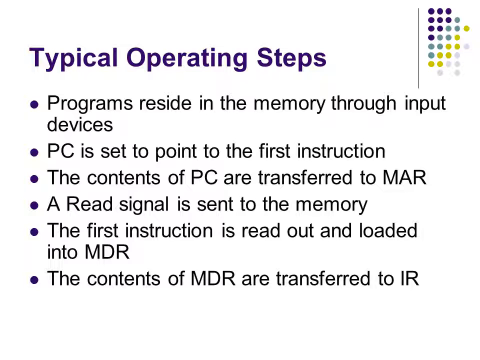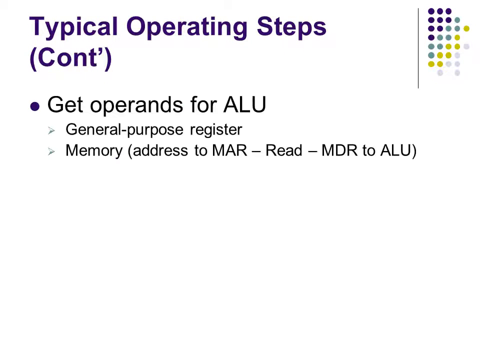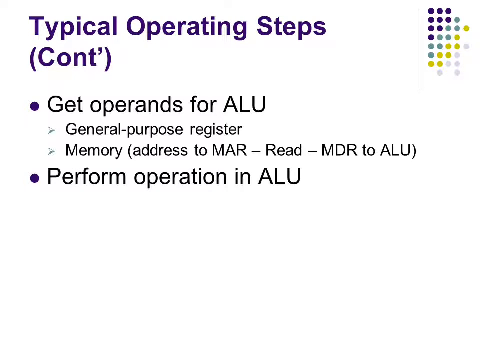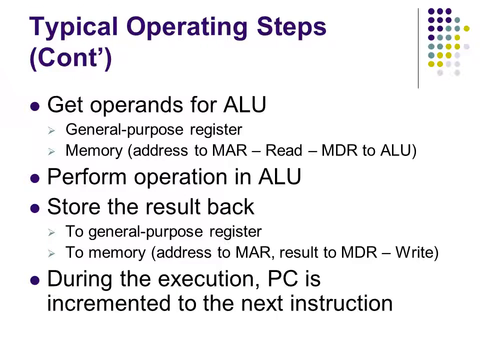Now the contents of the MDR are transferred to the instruction register, and the instruction is decoded and executed. If there are any arithmetic operations, the contents of the MDR are transferred to the ALU to perform the arithmetic operation, and the result is stored back in memory or in a general purpose register.